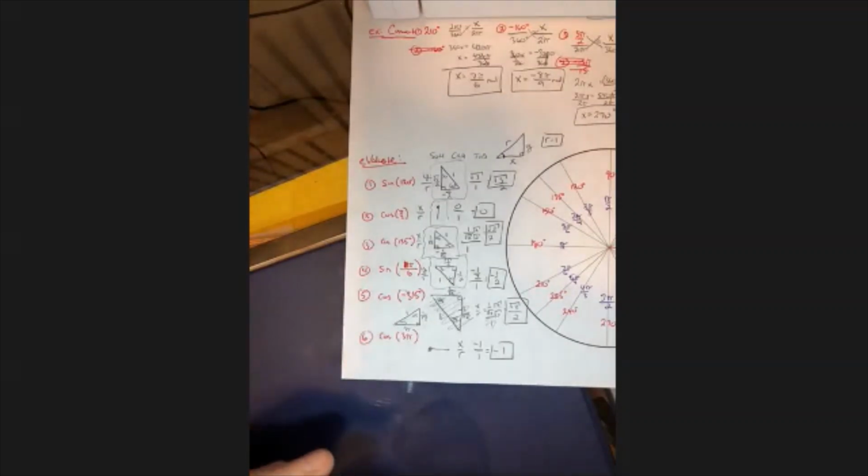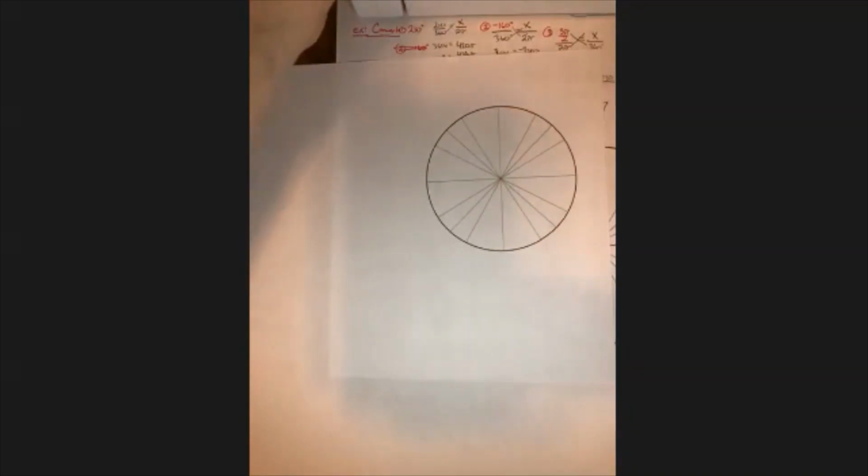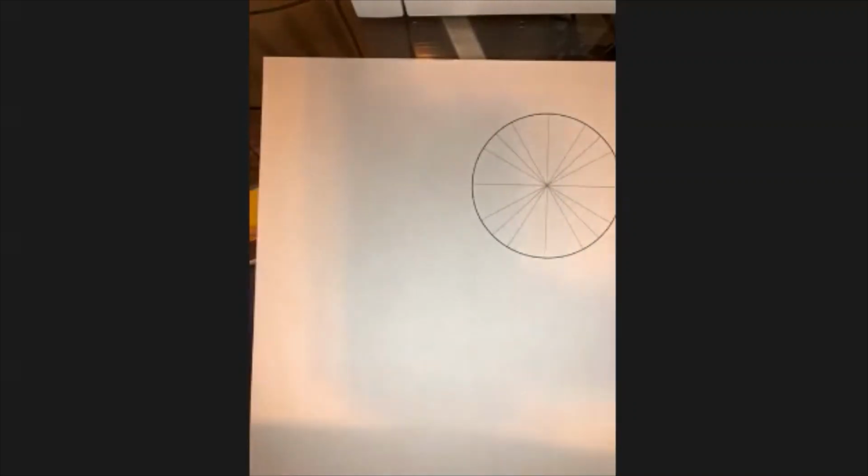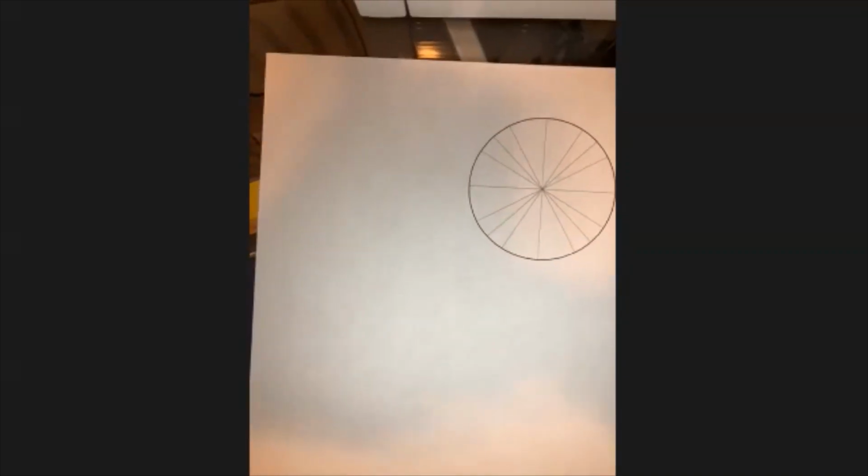And so the last thing that we're going to do today is a really quick thing. We're going to evaluate when sine is going to be positive and when sine is going to be negative. Let's take a look.